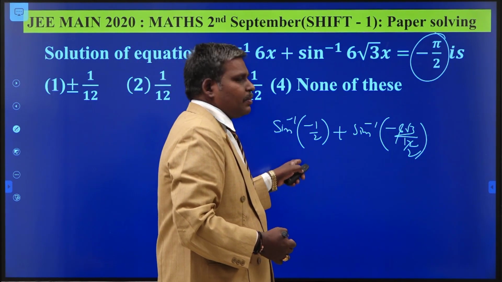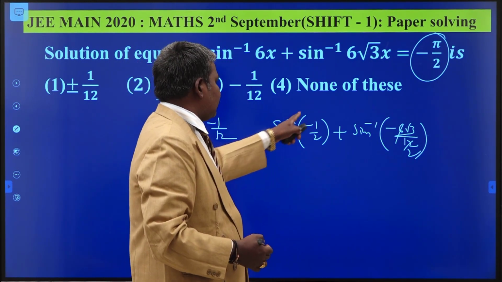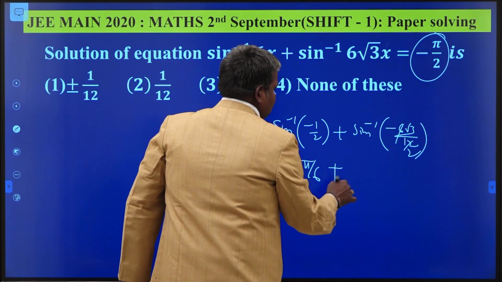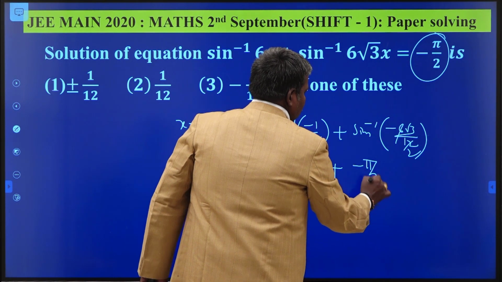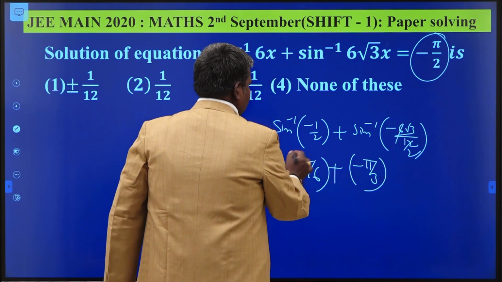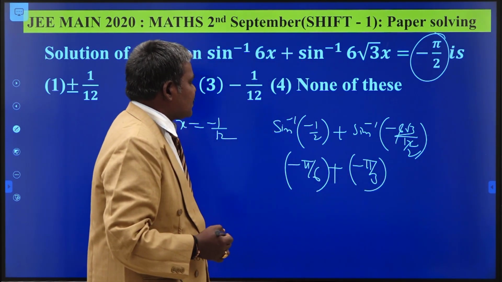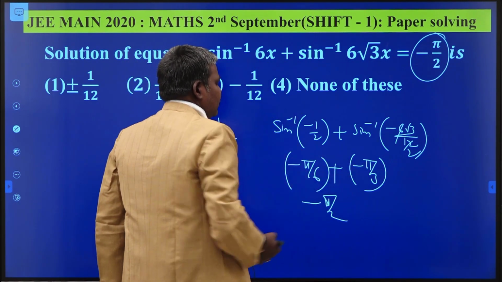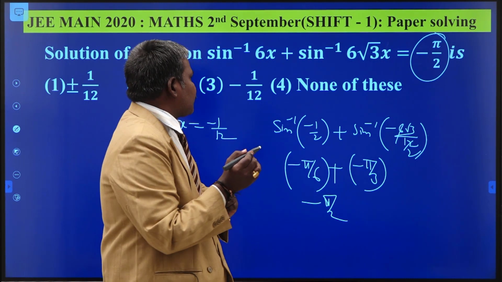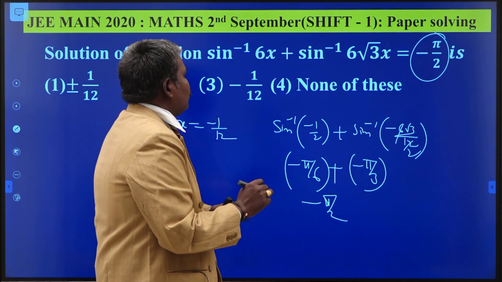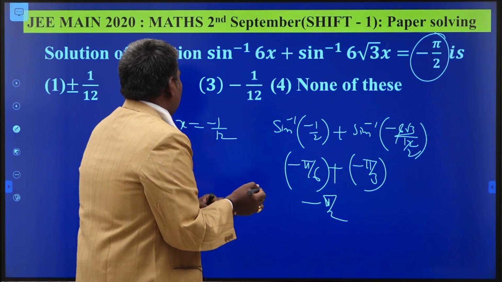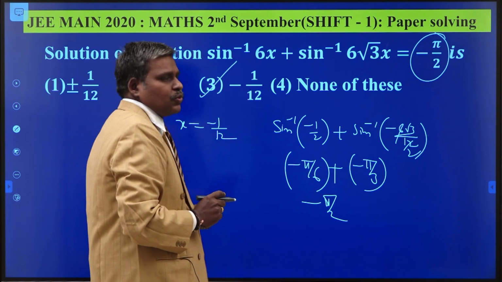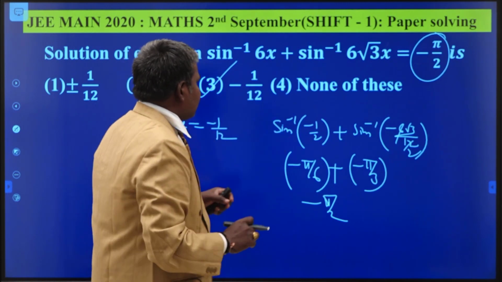What is the range here? −π/2 to π/2. So sin⁻¹(−1/2) is −π/6, plus sin⁻¹(−√3/2) which is −π/3. −π/6 plus −π/3 is −π/2. This is −30 degrees and −60 degrees. We obtain −π/2. Is it the given value or not? So −π/2 is satisfied by −1/12. So your required value is −1/12. Just by verification itself you can do it.